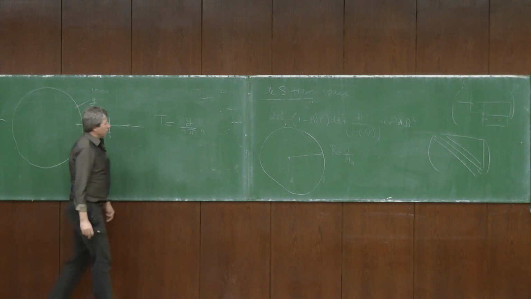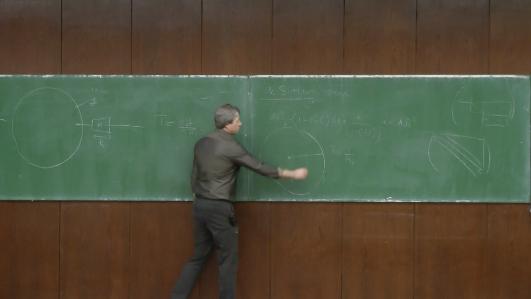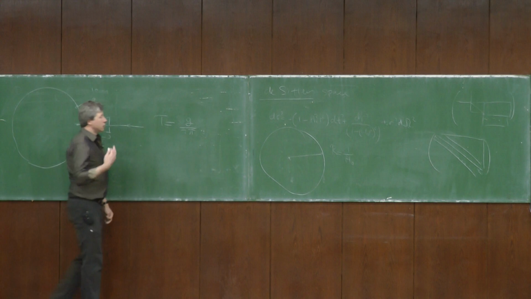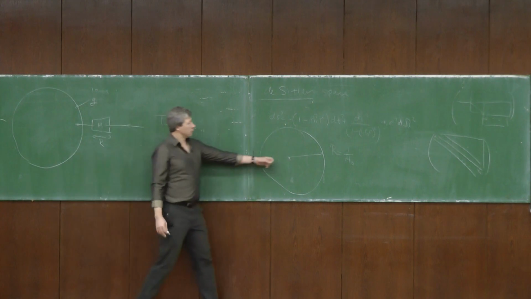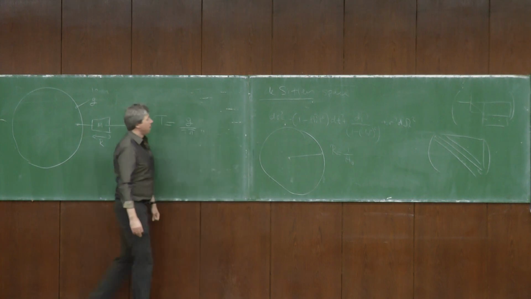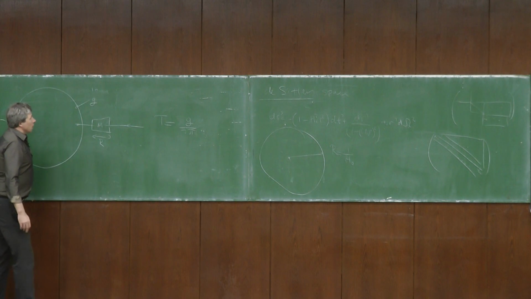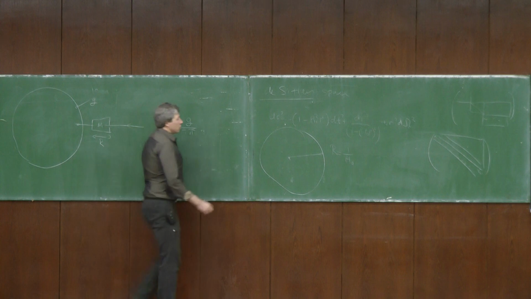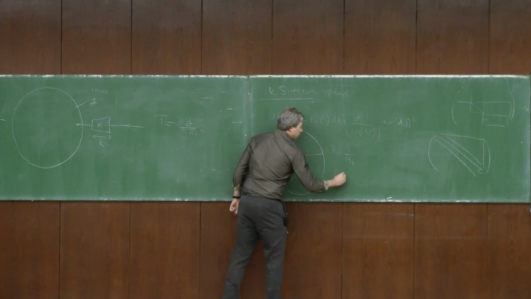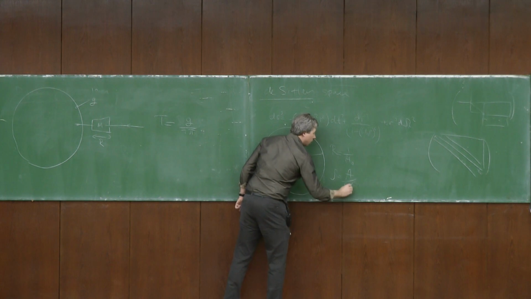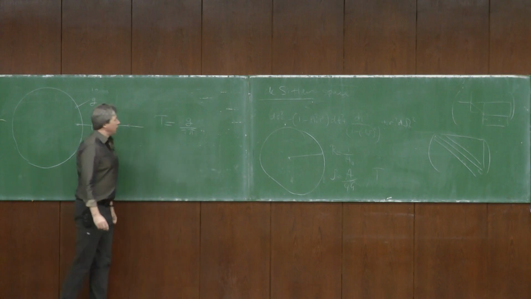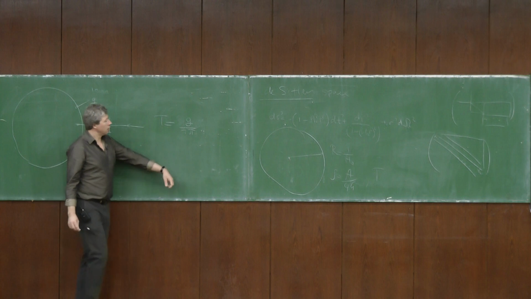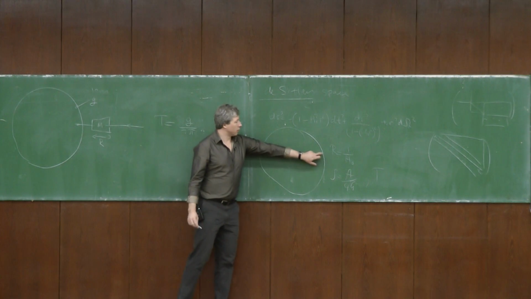Well, if you have a horizon, you can actually do the same things as you do for black holes. You can define a temperature, and you can even define an entropy. So the entropy will be equal to just the Bekenstein-Hawking entropy, and the temperature is equal to the acceleration, through a formula like that, but the acceleration now at the horizon.